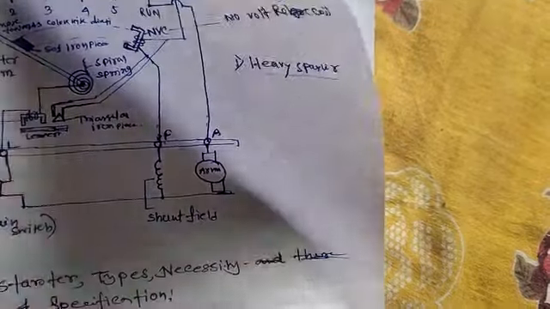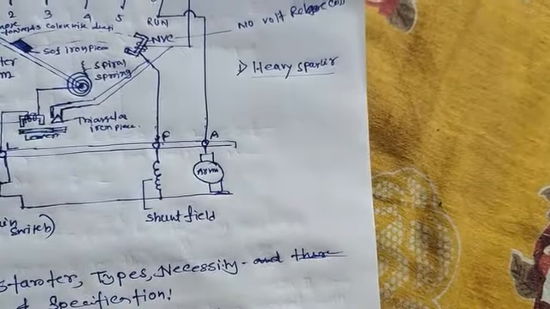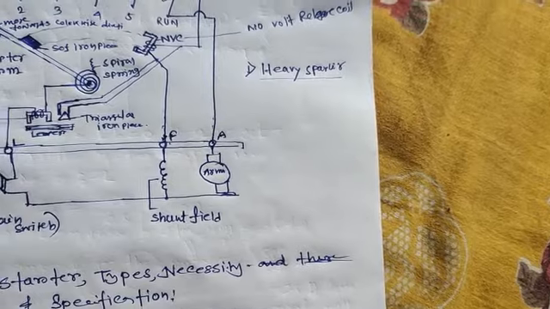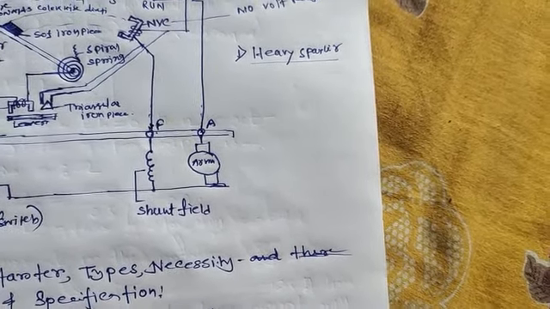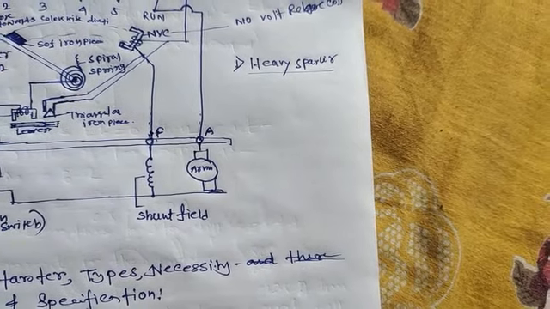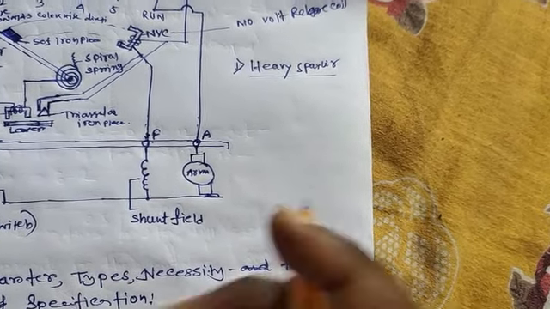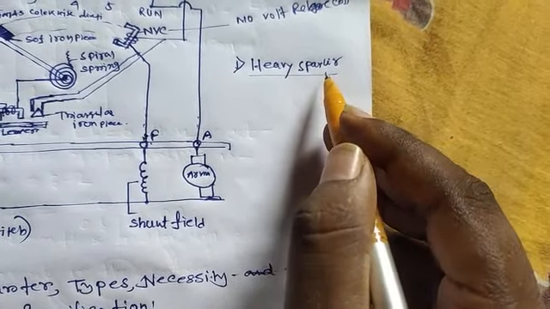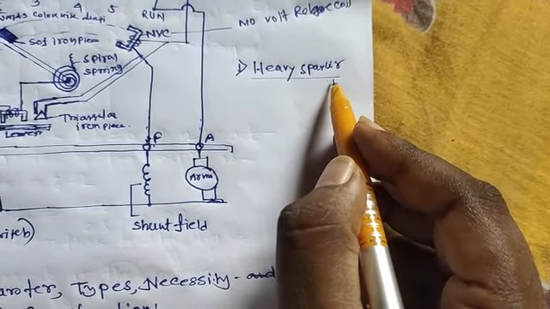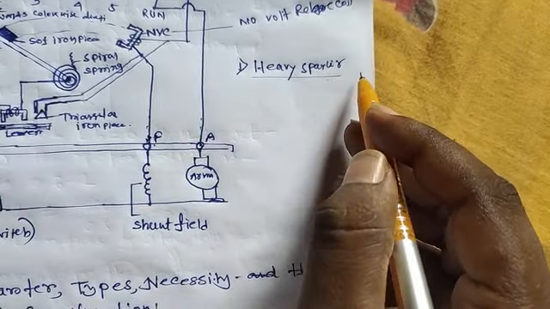This is because the starting current in the armature is 12.5 times more than the full load current. So we see the various effects on this motor, like heavy sparking or burning out of the motor.